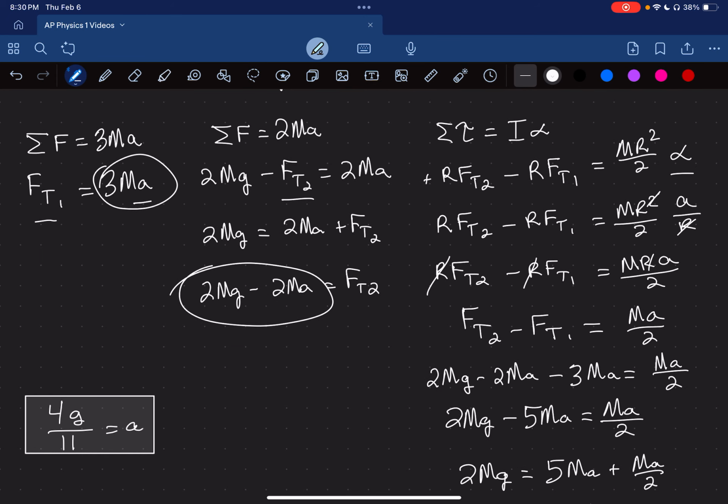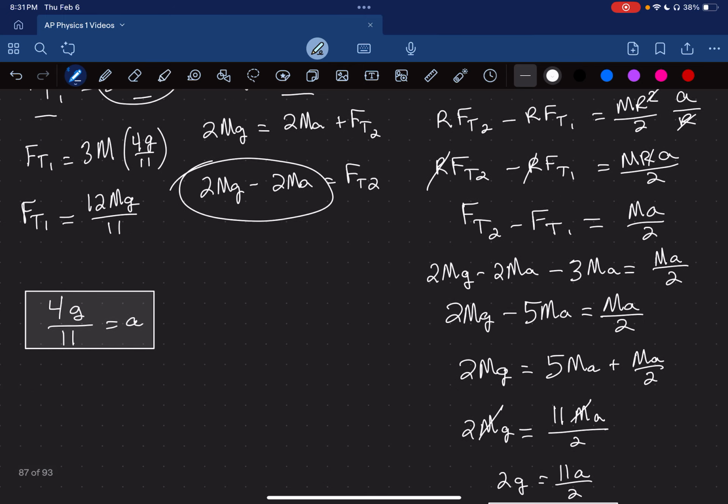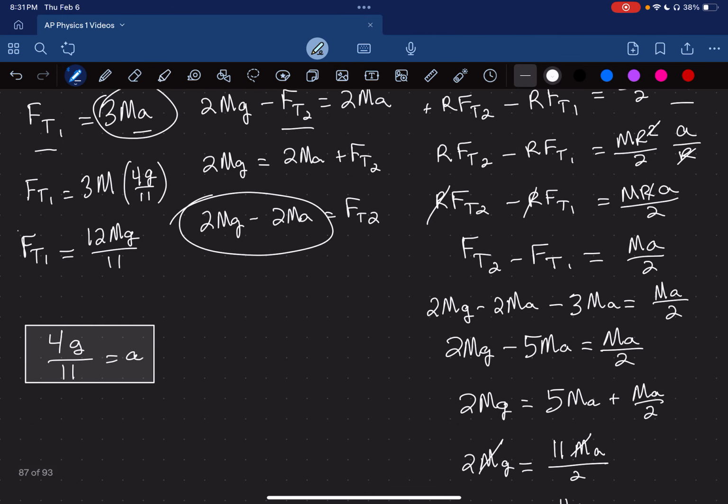I'm going to say FT1 is equal to 3 times m times 4g over 11. We're substituting. This is 12mg over 11. In terms of known values, which is m and fundamental constants, this is a great solution here.